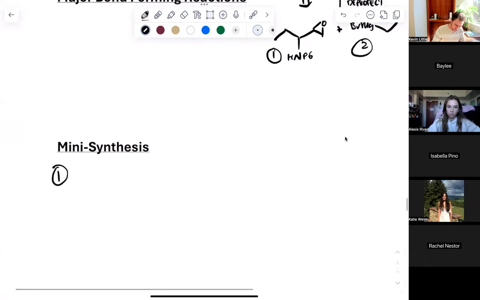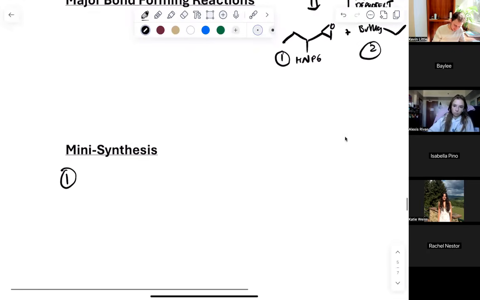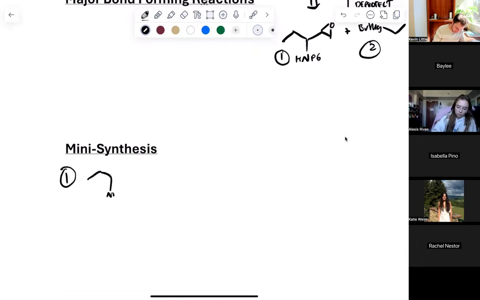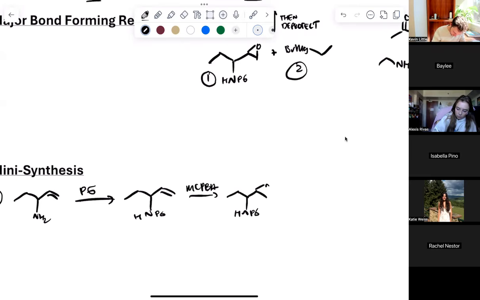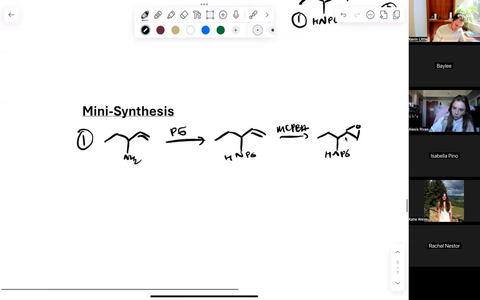So 1 is made from this starting material. I'm going to add a protecting group. Then MCPBA creates my epoxide. And 2 is made.